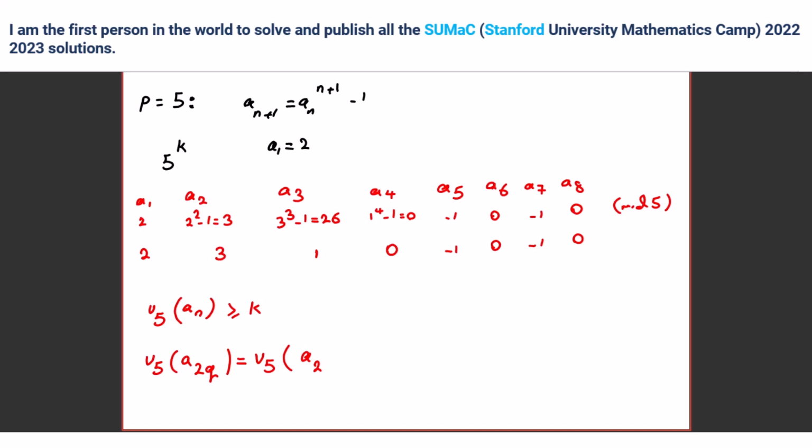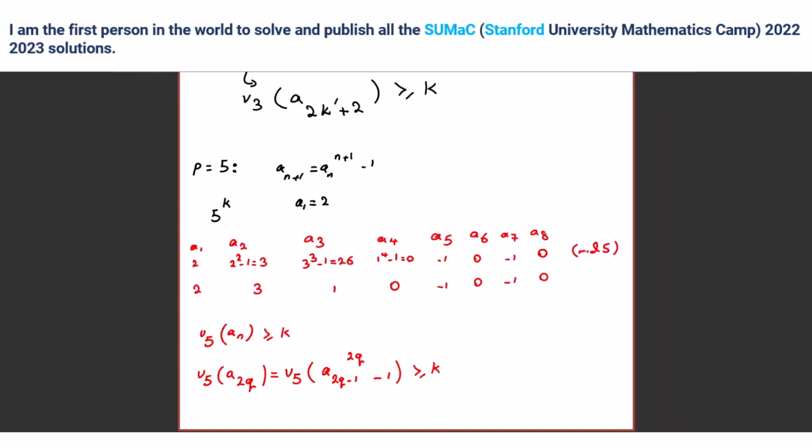I don't know, what is it? The problem says it is a recursive sequence. So a_2q is a to the power of 2q minus 1, exactly. The power of 2q, then minus 1.